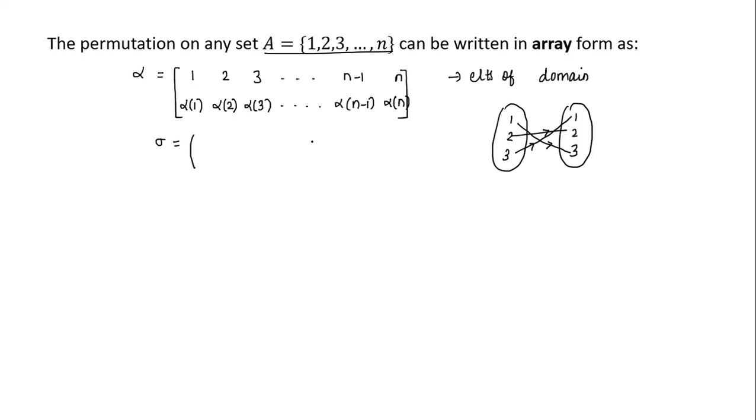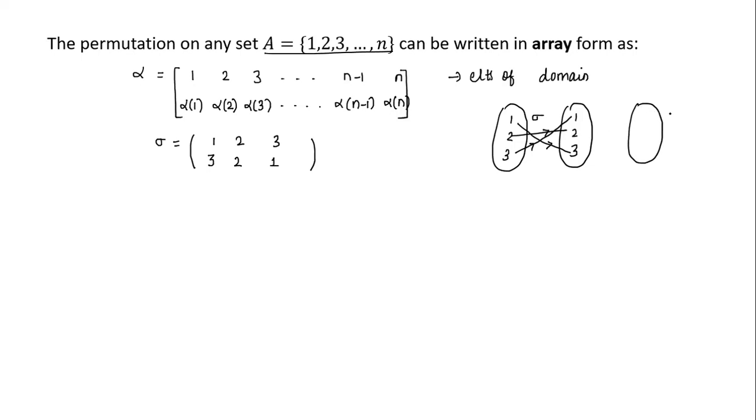I can use square brackets or these brackets, it's alright. On the top we will have the elements of the domain, and under 1 I will write the image of 1 under the permutation sigma. 1 is mapped to 3, so here I will have 3. Under 2 the image of 2 under sigma, which is 2, and under 3 the image of 3 under sigma, which is 1. So this is how I can write this permutation.